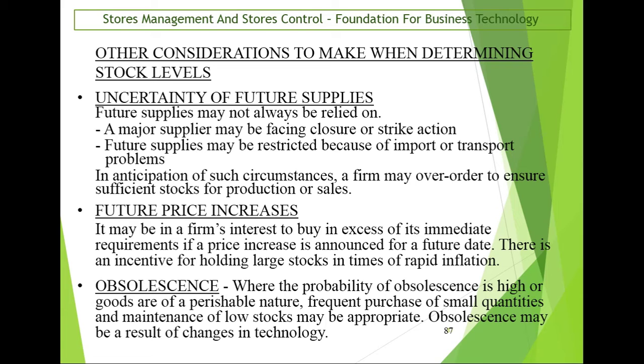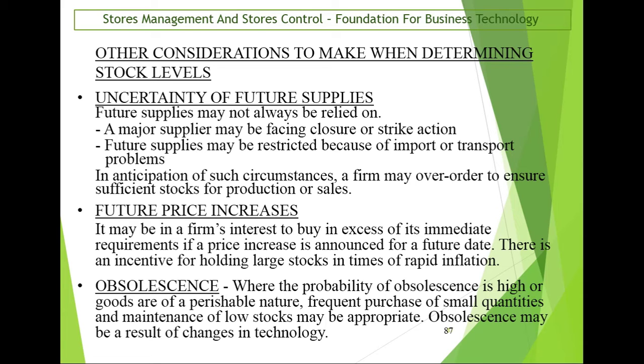The other considerations that we need to make when we determine stock levels are, firstly, uncertainty of future supplies. In other words, if you are not very sure about the future supply of a certain item, for example, if a major supplier is facing closure or strike action, you do not have certainty that that supplier will always be there to provide you with those materials.